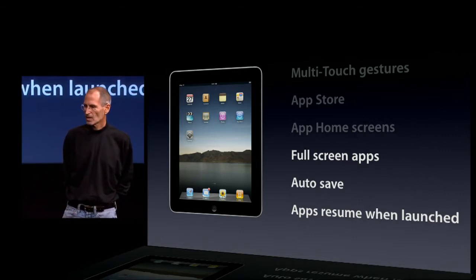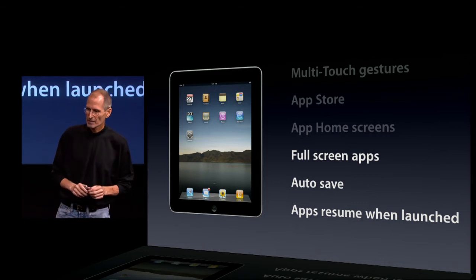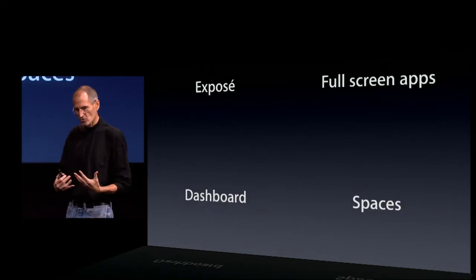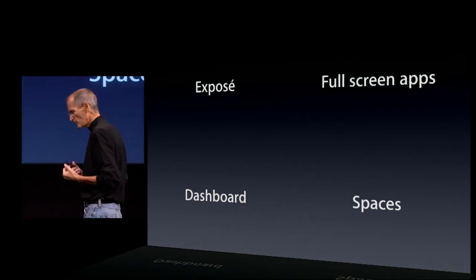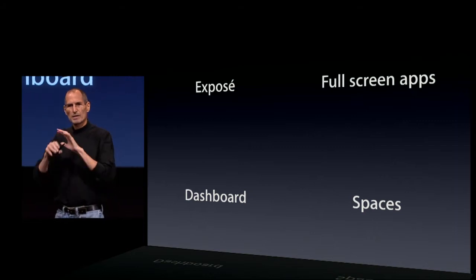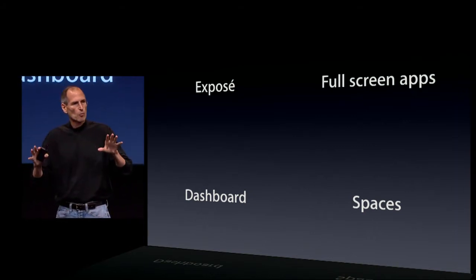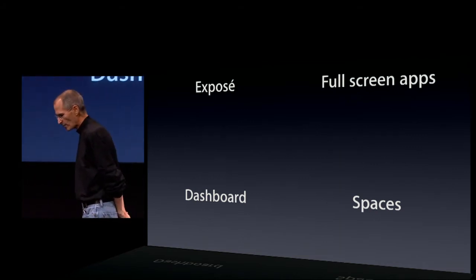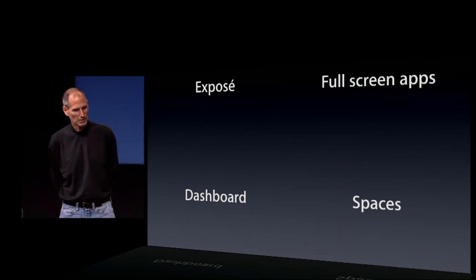So there's one other thing we'd like to show you today. We have these 4 cool inventions, or things we do in Mac OS X. Expose, a great way to find your windows and do window management when you have lots of windows open. Dashboard, a great way to get to widgets instantly.